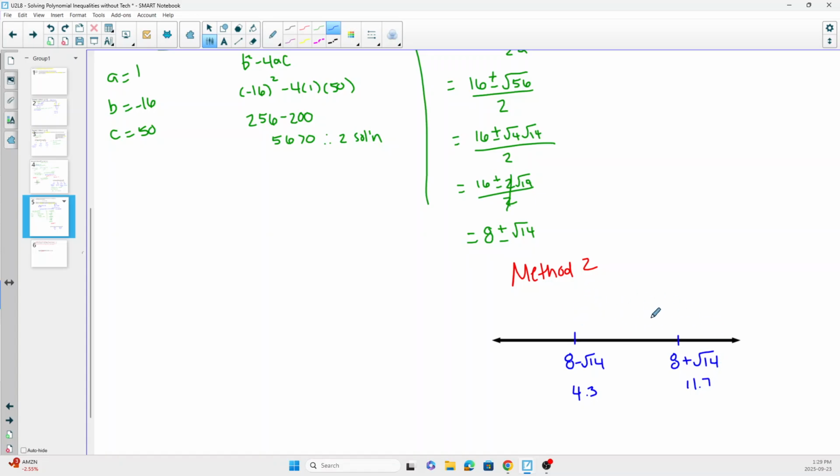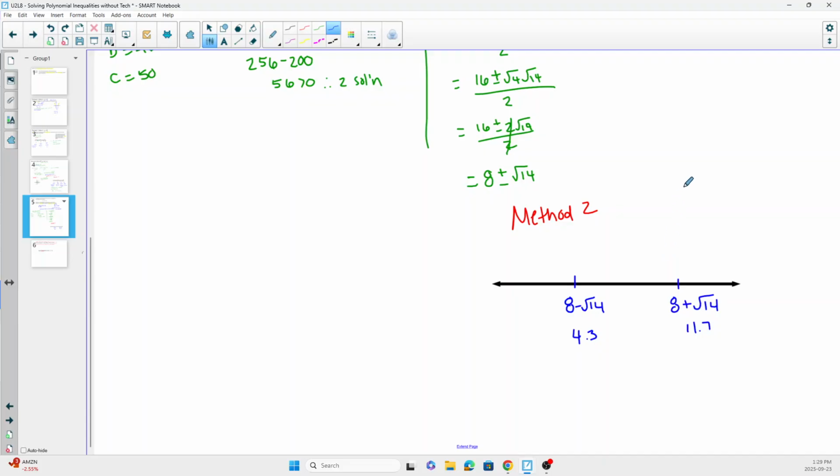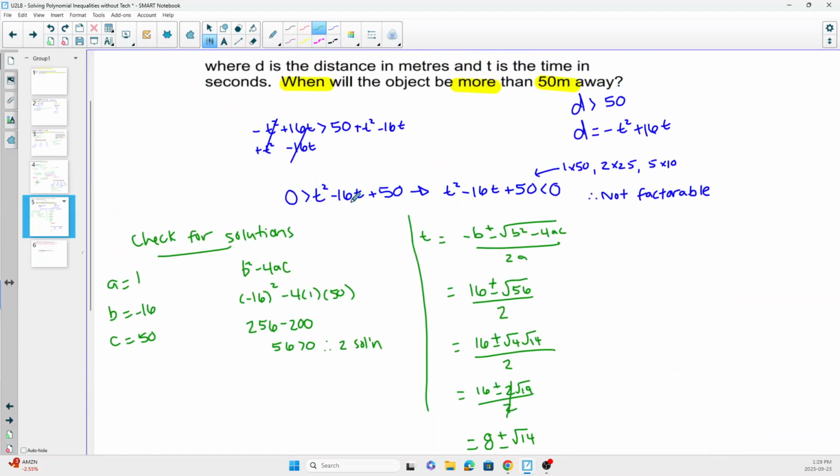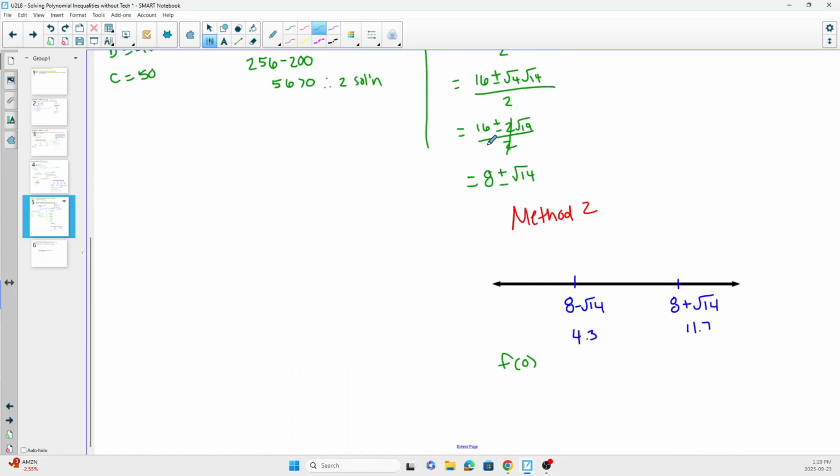I'm just going to put those there because we'll need them to know what we're investigating on either side. Here we are trying to figure out what is the function value, is it positive or negative, for x values that are less than 4, and we can investigate anything we want. So why don't we investigate 0, because that makes our life super easy. The function we are investigating is t squared minus 16t plus 50.